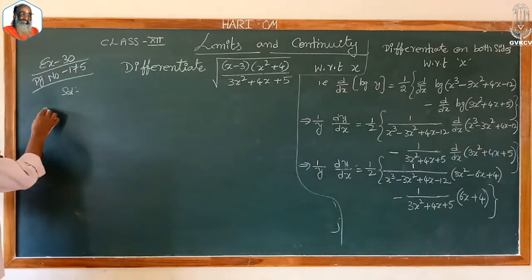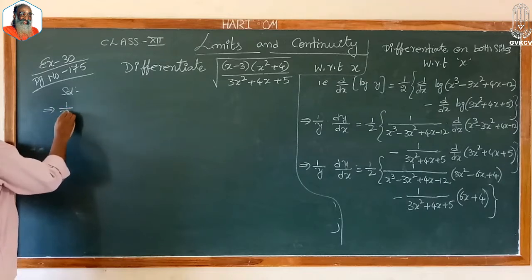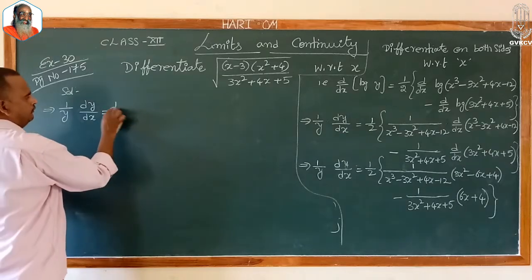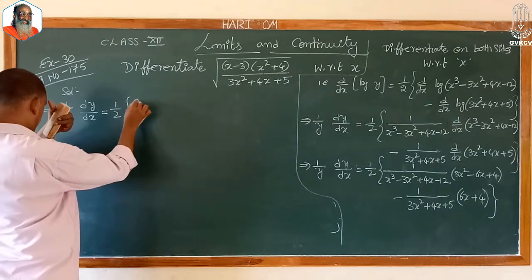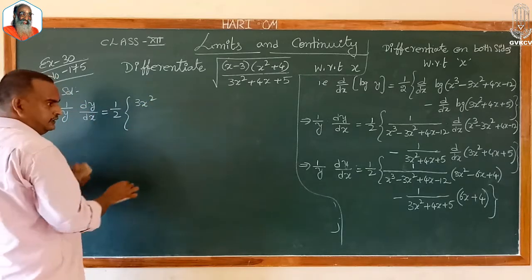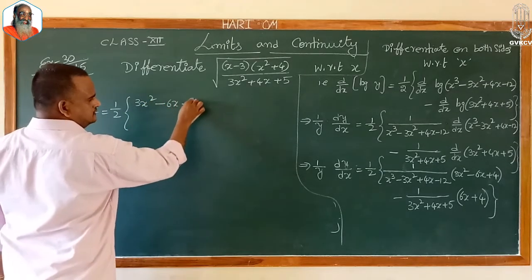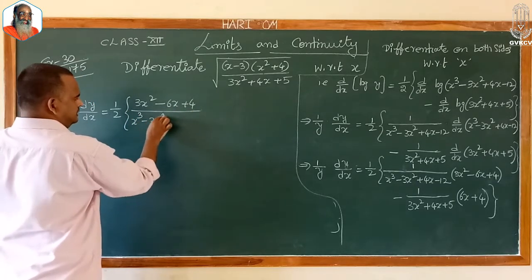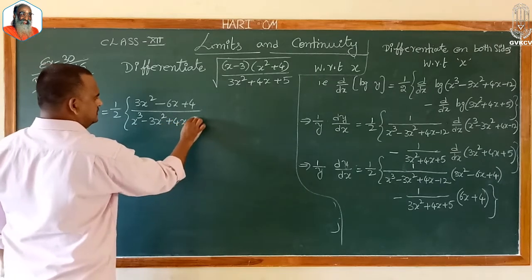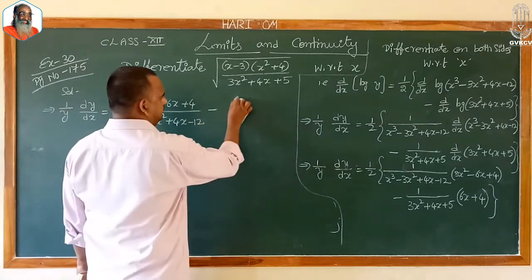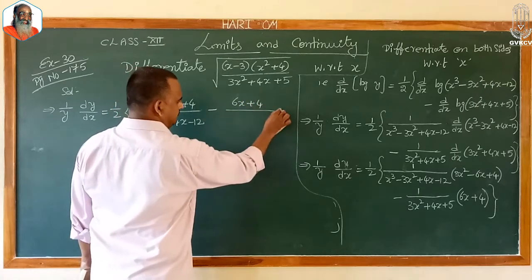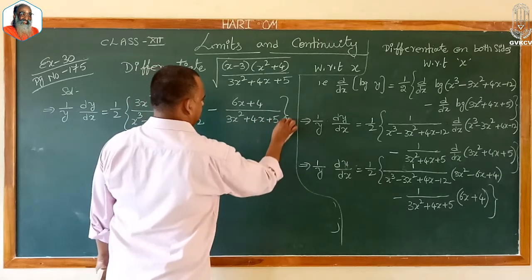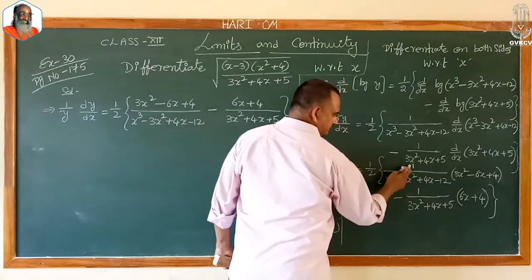That implies 1 by y dy by dx is equal to half into (3x square minus 6x plus 4) by (x cube minus 3x square plus 4x minus 12) minus (6x plus 4) by (3x square plus 4x plus 5), because these two can multiply.